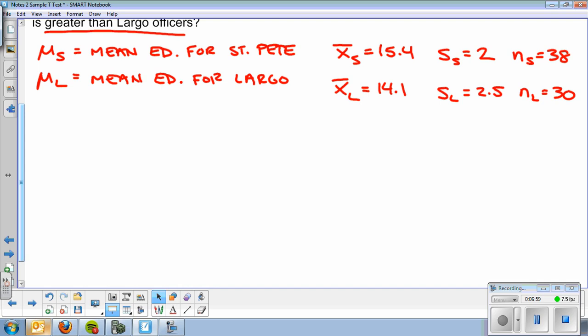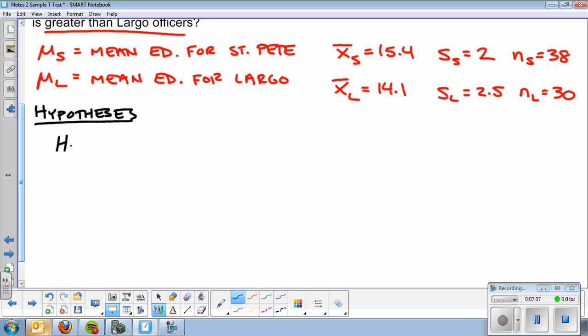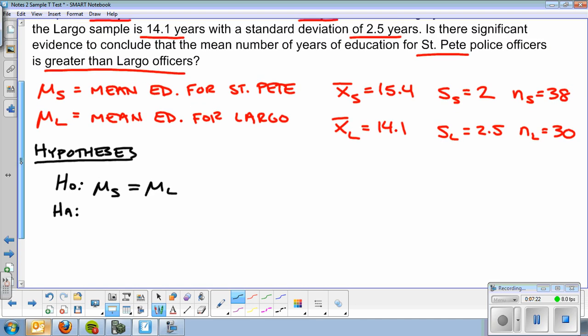Okay, now, so we have our same 4 steps, hypotheses. Okay, null hypothesis, no change. If there's no change, mu sub S will equal mu sub L. Now, in the alternate hypothesis, it says mu sub S, St. Pete officers, are greater than Largo.